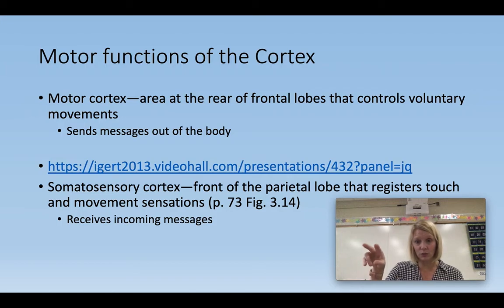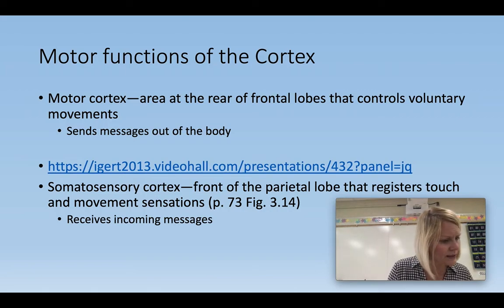Am I touching it with 2 fingers? Am I touching it with 3 fingers? That's actually a very hard thing to differentiate. So it receives all these incoming messages, and the more sensitive it is, as I said, the more area in the somatosensory cortex is devoted to it. So make sure you watch that video on the motor cortex as well.